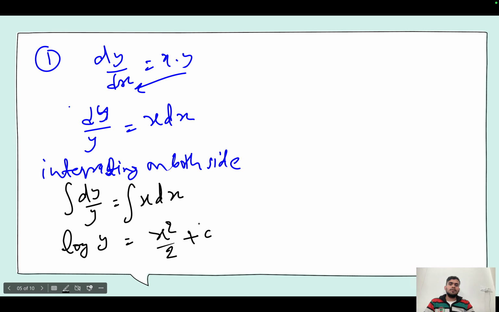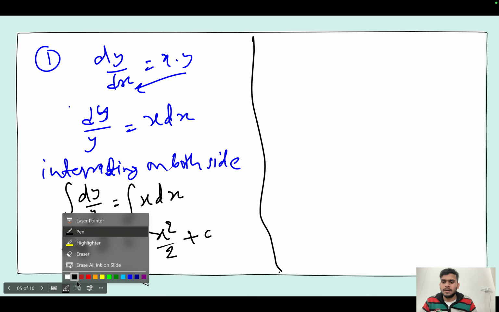After each integration we add some constant, because we don't know the value. That's why we are adding some constant here. So this is one example, and we can take some other examples also.